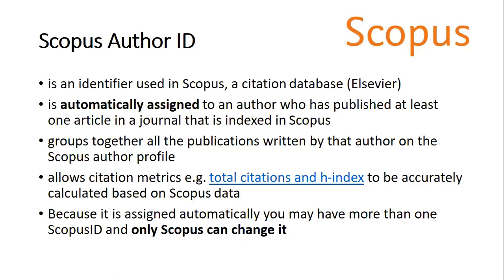So ideally, it would group together all publications by that author. However, because it's assigned automatically, you may end up having more than one Scopus ID in their database because of differences in how your name is spelled or represented, and only Scopus can change it. And that's a downside to it.